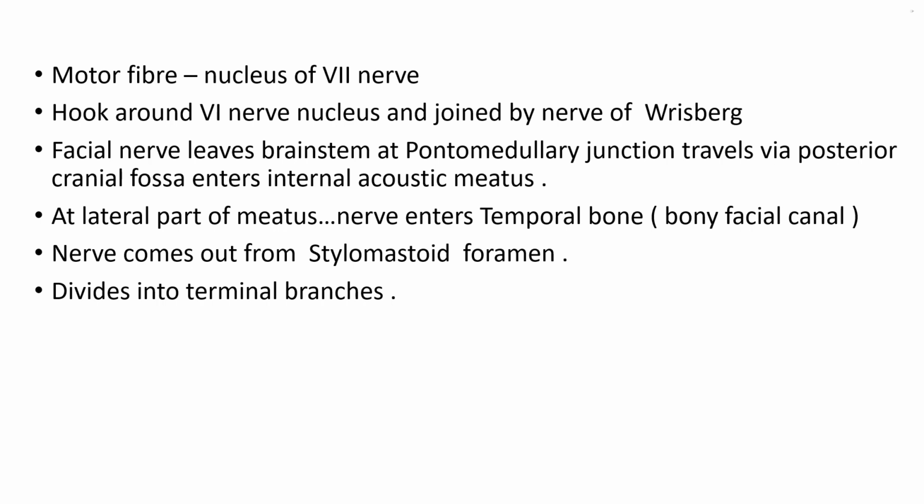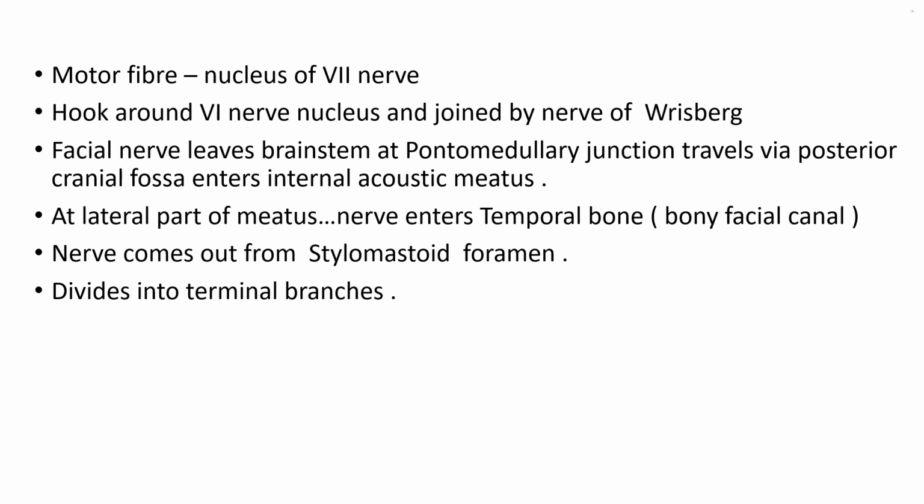In the temporal bone, it traverses in a bony canal that is known as the fallopian canal of the facial nerve. After traveling through this bony canal, it comes out from the stylomastoid foramen, and after it comes out from the stylomastoid foramen, it divides into its peripheral terminal branches. So that was all, in very brief, about the facial nerve course.